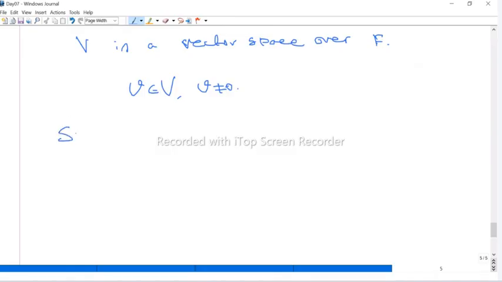So what is the definition of span v? We can write span of the small v, otherwise we can write this notation. Span v is nothing but all scalar multiples of v, that is alpha times v, such that alpha varies in the field F. This v is fixed.